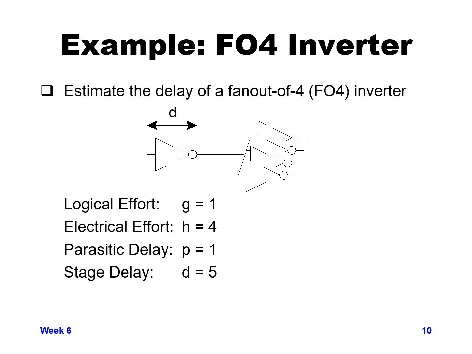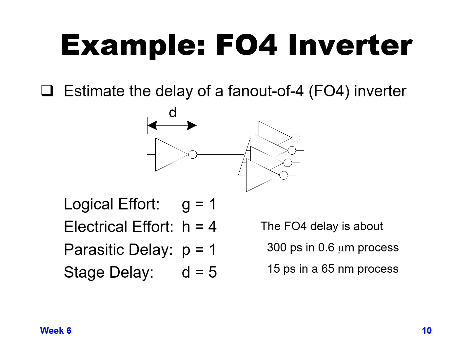And again, this is a normalized delay, independent of process. Depending on what process we're using, we can calculate what the absolute delay would be. Just as an example, going back to the 0.6 micron process that we had mentioned earlier, the unit delay of a single inverter stage is 60 picoseconds, so 5 times that would be 300 picoseconds stage delay in the 0.6 micron process.